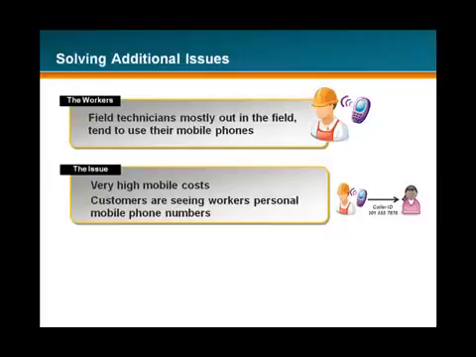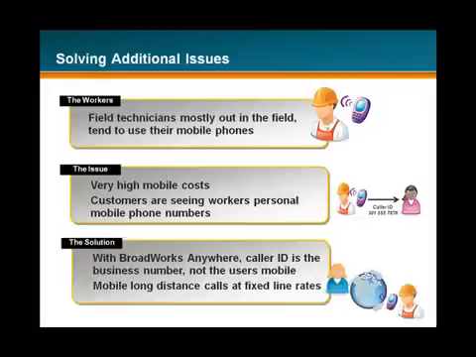Additionally, when the workers make a call to a customer, the caller ID that shows up will be the number of the worker's personal mobile phone, not the business. Mr. Smith is also very unhappy with this. However, Mr. Smith has discovered that by using BroadWorks Anywhere 2-stage dialing, he can solve his problems.